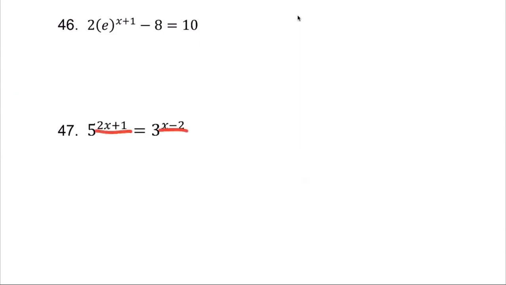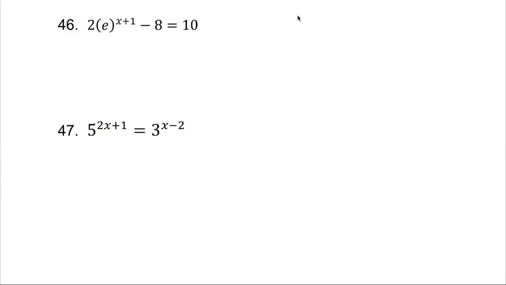So like this has 2 and this has 2. Since they both have the same terms in the exponent, it would just be either one. So I could take log base 5 or I could take log base 3. So I'm just going to move forward with log base 5 because it's on the left side. I don't know, just because I want to.